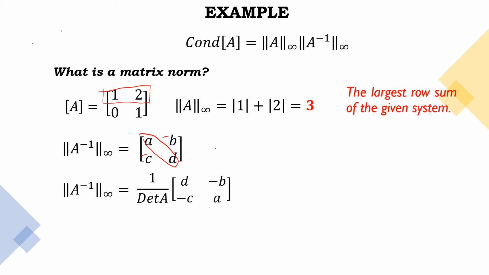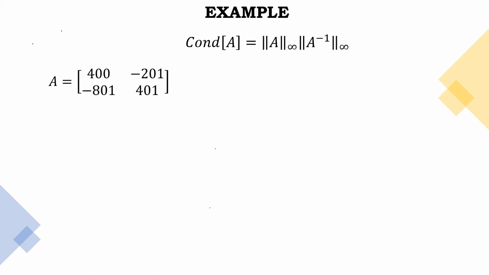Now, let's continue. Consider the given matrix having the elements 400, negative 801, negative 201, and 401. Let's try to get the determinant of matrix A. You know how to get the determinant? Multiply the two diagonal elements and subtract the product of the other two.